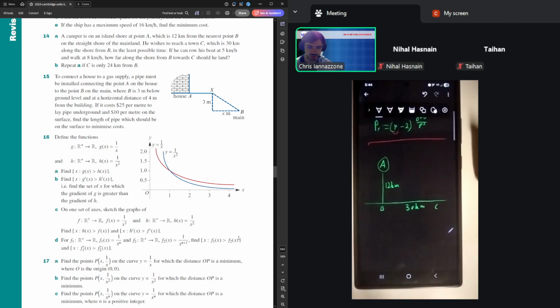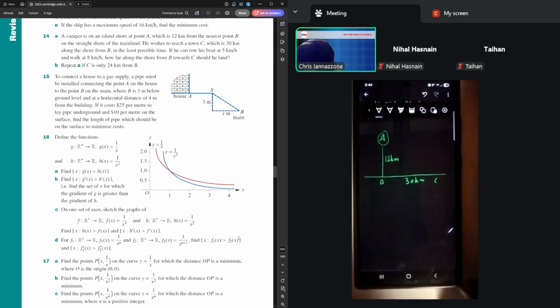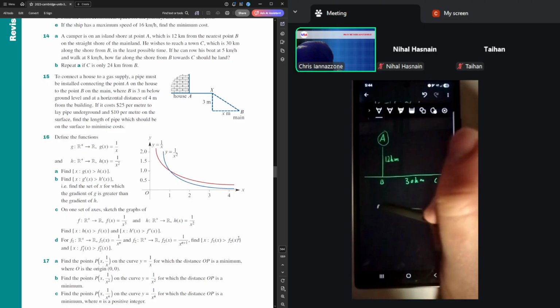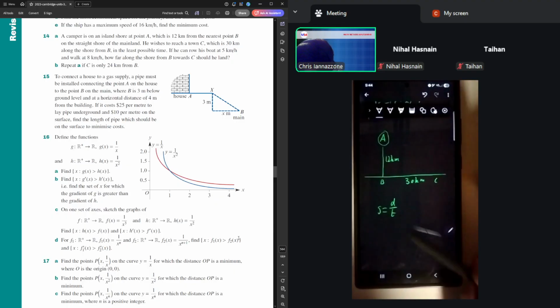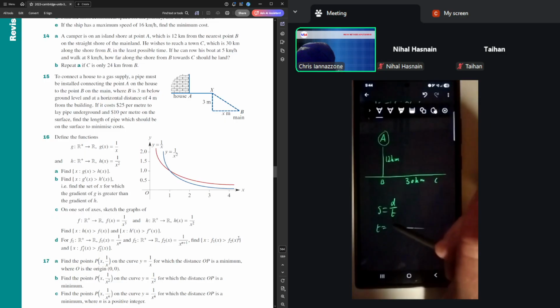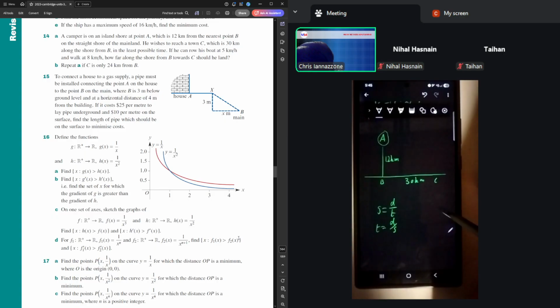One of the first things we can remind ourselves of is how those variables relate to each other. Speed is distance over time. We're trying to get time as the subject, which we're trying to minimize. If we do a bit of a rearrange, time now becomes distance over speed.